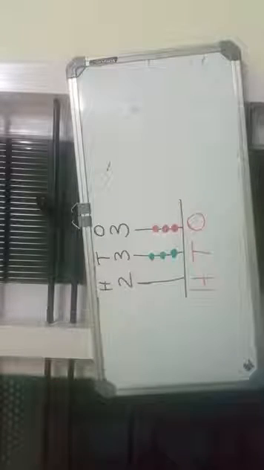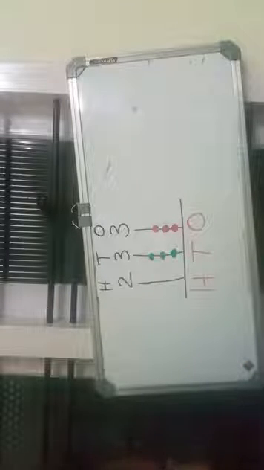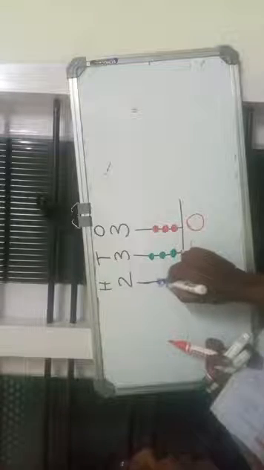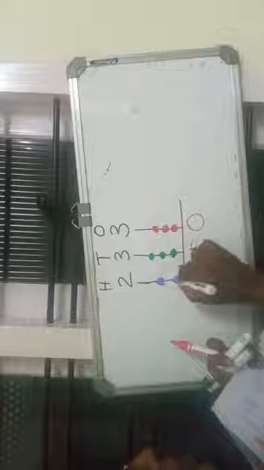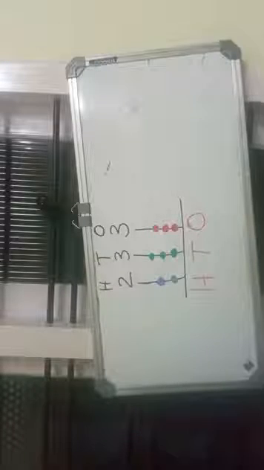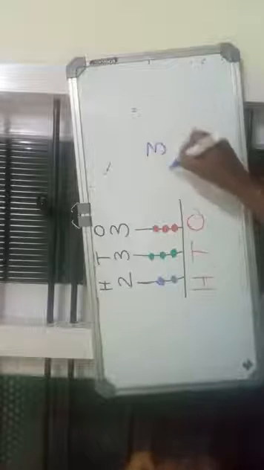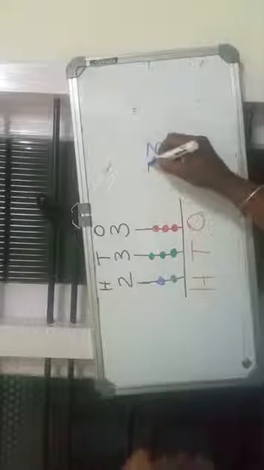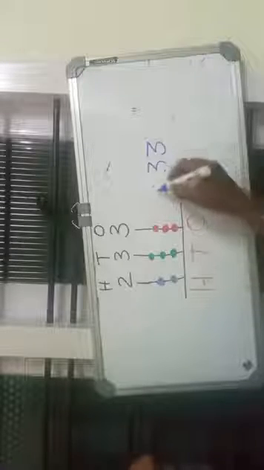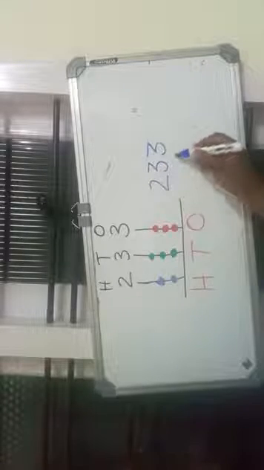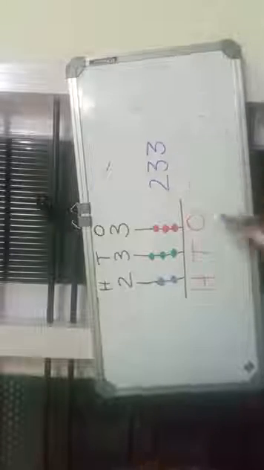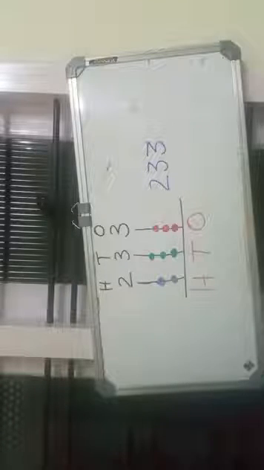In hundreds place how many beads we have to draw? 2 beads. Okay. So see the number, write the number. In ones place 3. In tens place also 3. In hundreds place 2. So we got the number 233.